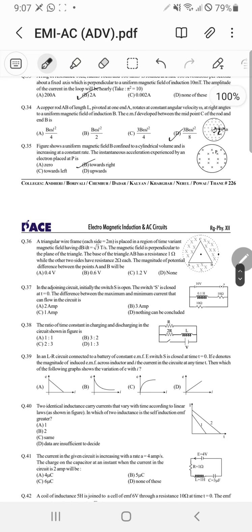A triangular wire frame, each side equal to 2 meters, is placed in a region of time-varying magnetic field, so given dB by dt, triangular wire frame, sides are given, the magnetic field is perpendicular to the plane. The base of the triangle has resistance 1, the other two sides have resistance 2. The magnitude of the potential difference between the points A and B will be... potential difference.